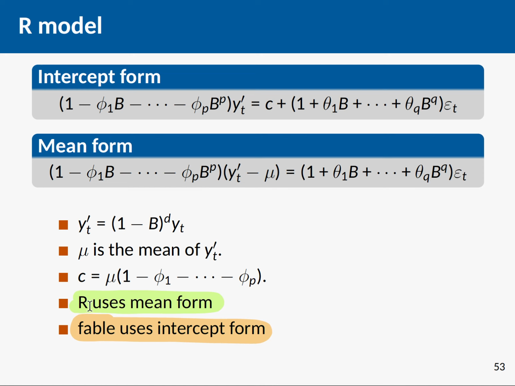What you need to remember is that R uses the mean form and the package fable uses the intercept form. That means it would demean the data when trying to take the difference. In the mean form you demean the data before you take the difference, versus in the intercept form you actually have the first difference, but you also have a constant term that is represented.